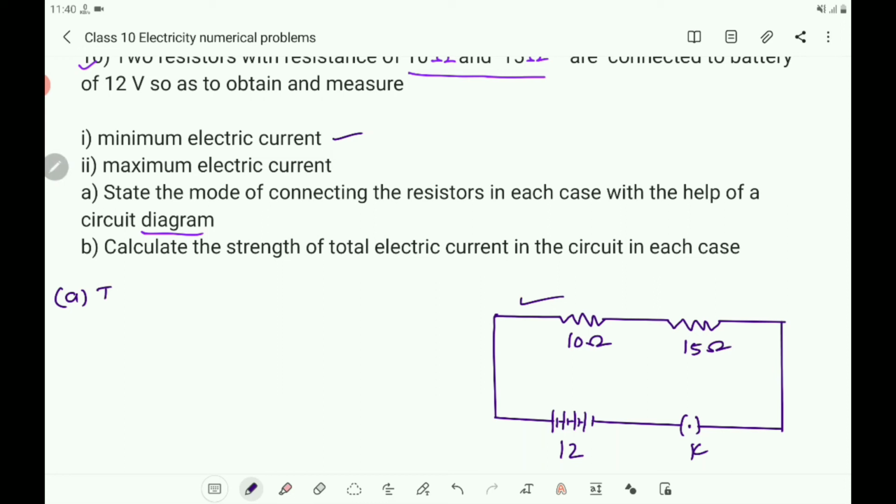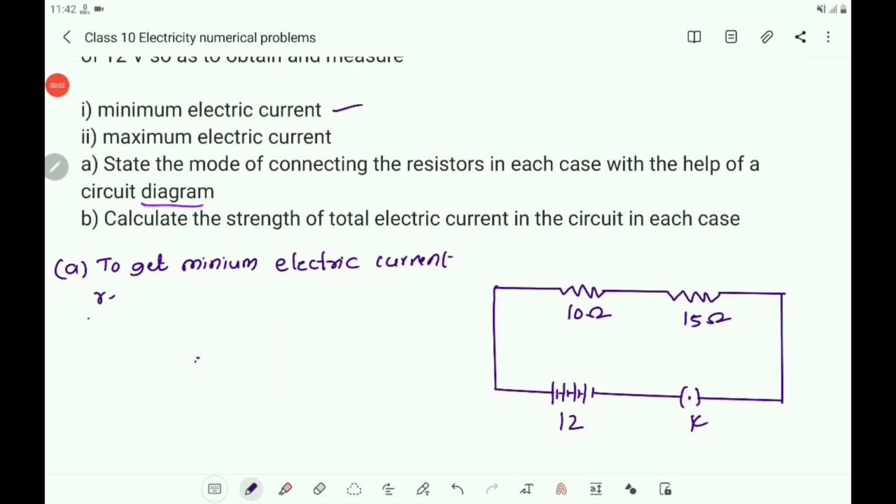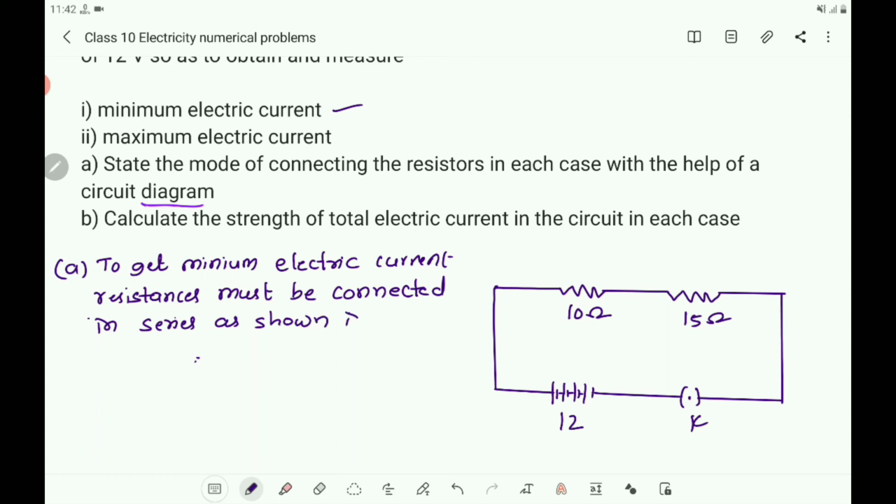So to get minimum electric current, resistances must be connected in series as shown in the circuit diagram.